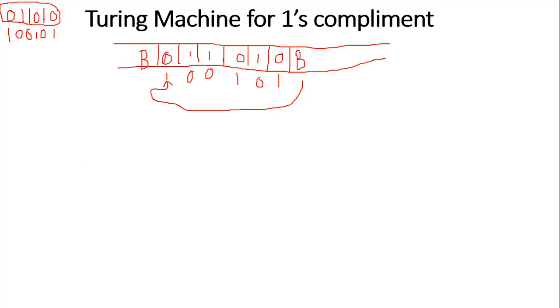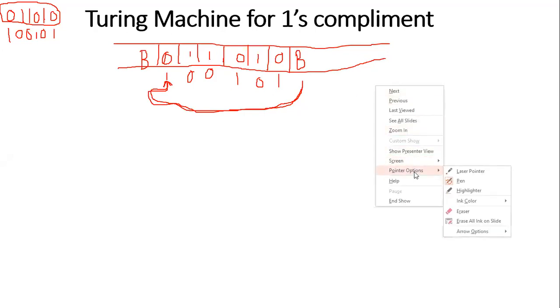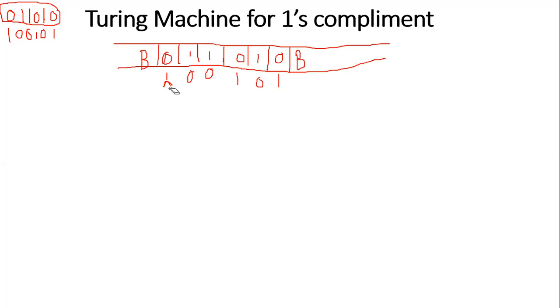Once you are done processing the entire string, it is always good practice to come back and stop in the place where your output actually starts. So what you have to do is start from left to right, from the first position, and keep changing zeros to ones and ones to zeros until you find the blank space.